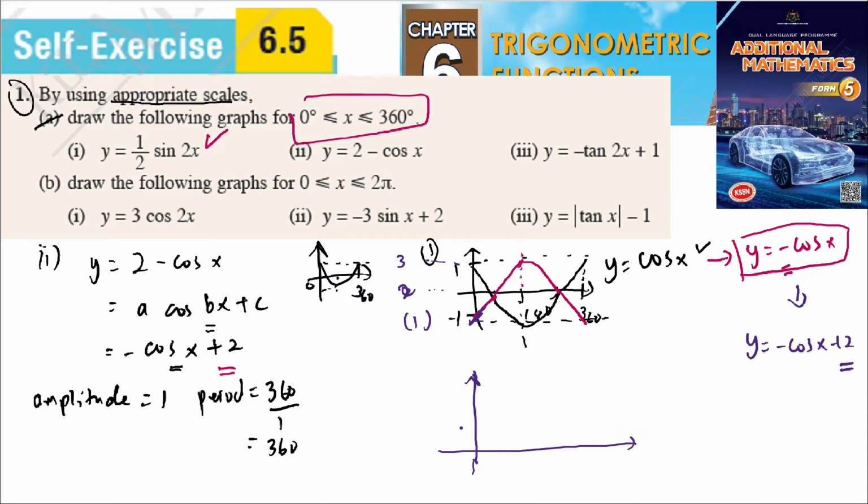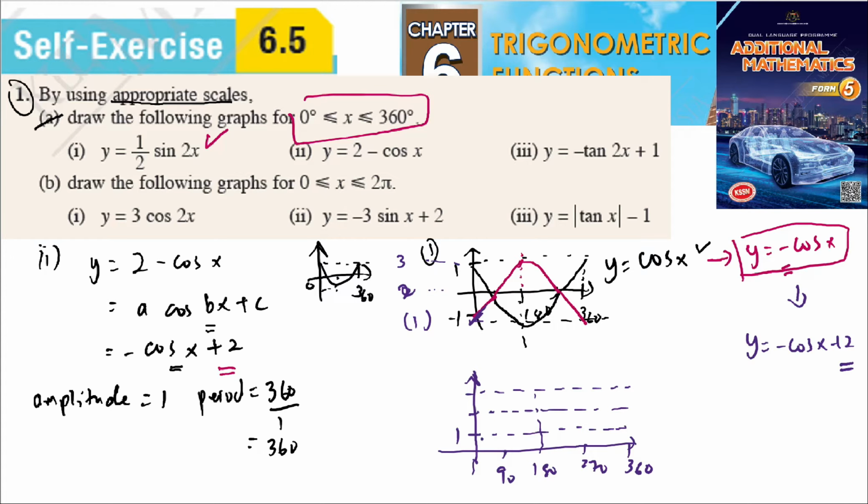So this one is 1, 2, 3, and we know that 2 is the midpoint. The midpoint is 180, this one is 90, this one is 270, this one is 360. So instead of starting from negative 1, it's starting from 1. So 1 up to 180, right?